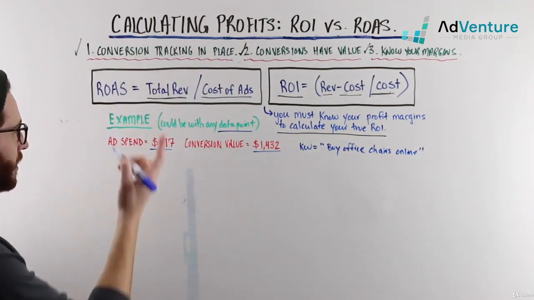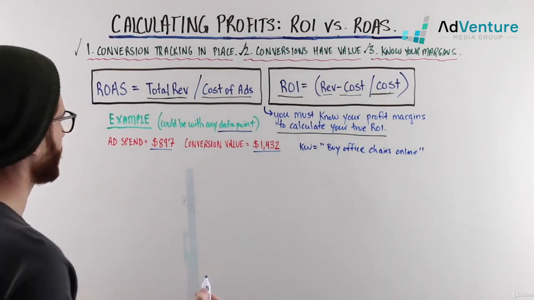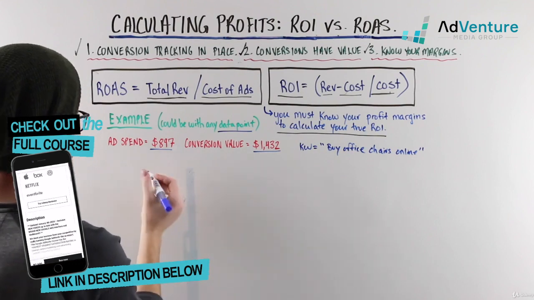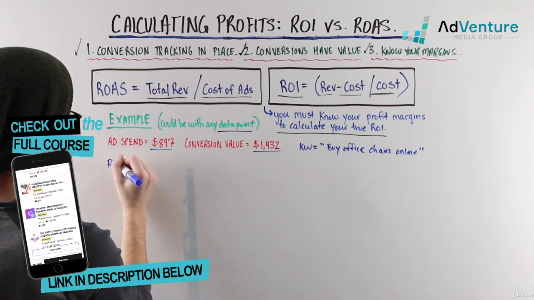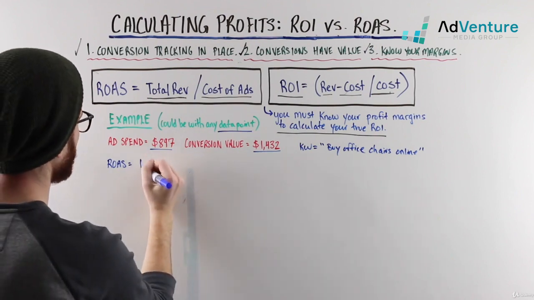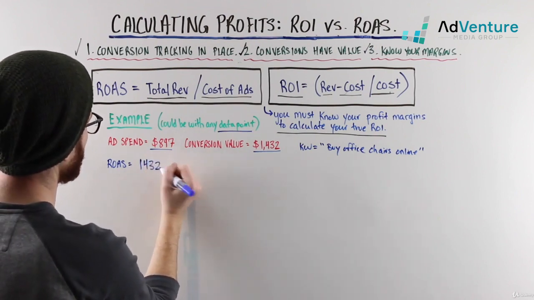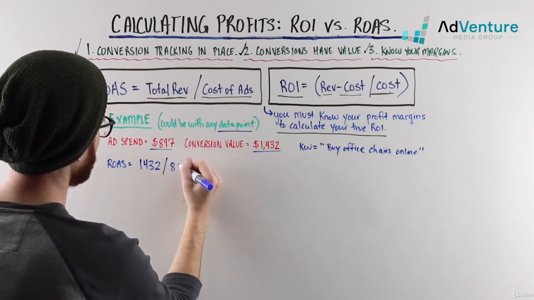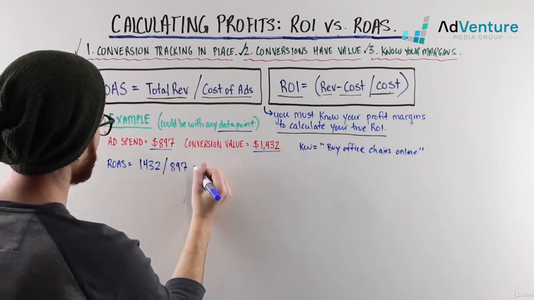So let's plug in our calculations for return on ad spend. So total revenue would be our conversion value. So we have ROAS equals 1432, right? 1432 for our total revenue, simply divided by the cost of ads, divided by 897.